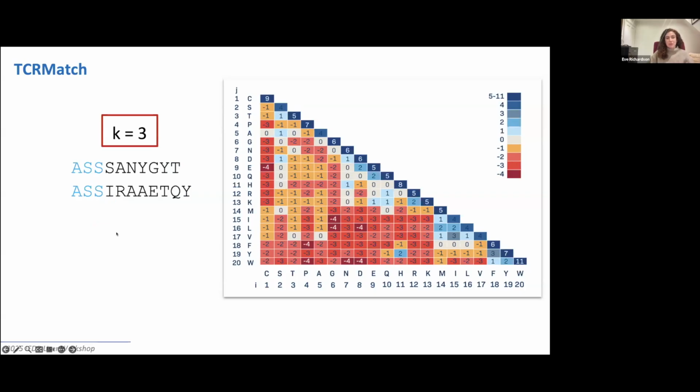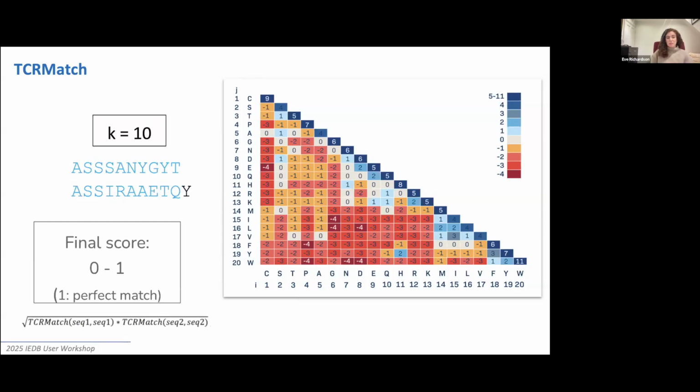Then we keep going, increasing the k values from 3 to 4 to 5, all the way up to the length of the shorter CDR3 beta, which in this case is 10. So we would have only 2 possible k-mers there, this one, and then one with a shift of 1. You end up with a value for each of the possible k-mers.